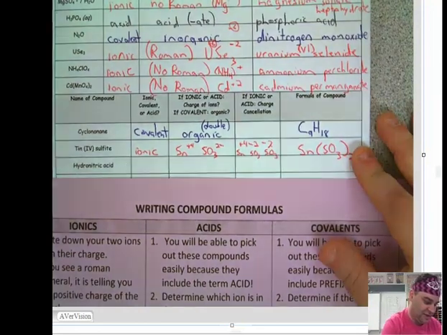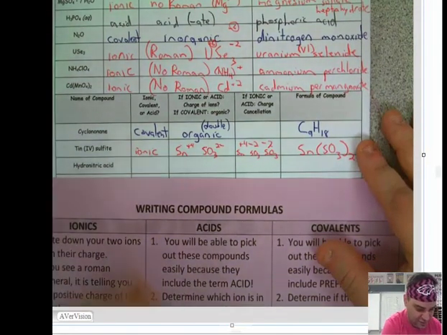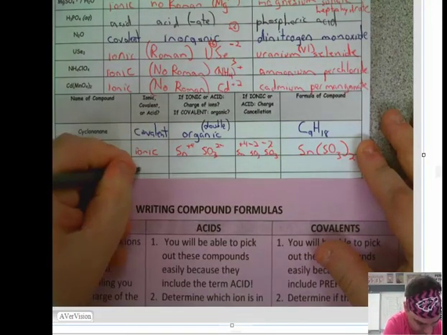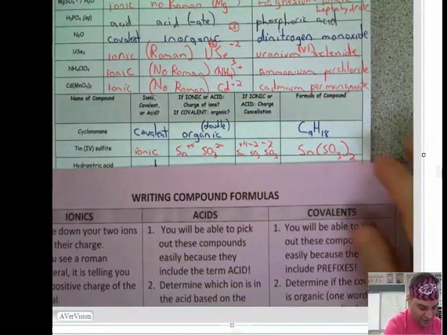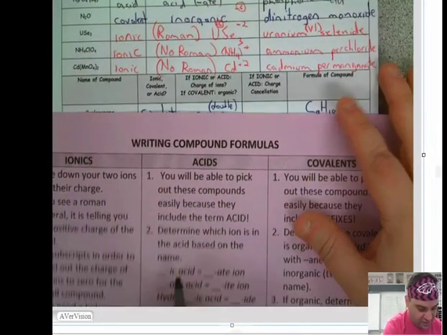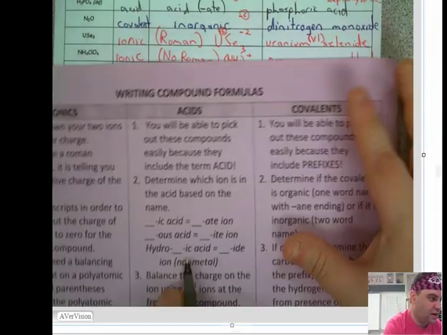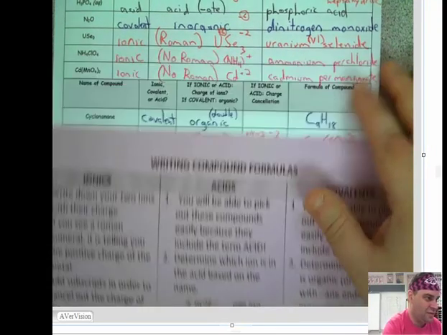Okay, here's where we start to get confused. We got hydronitric acid. This is an acid. You'll be able to pick these out because they say acid. Okay, determine which ion it is based off the name. So this is the non-metal here.